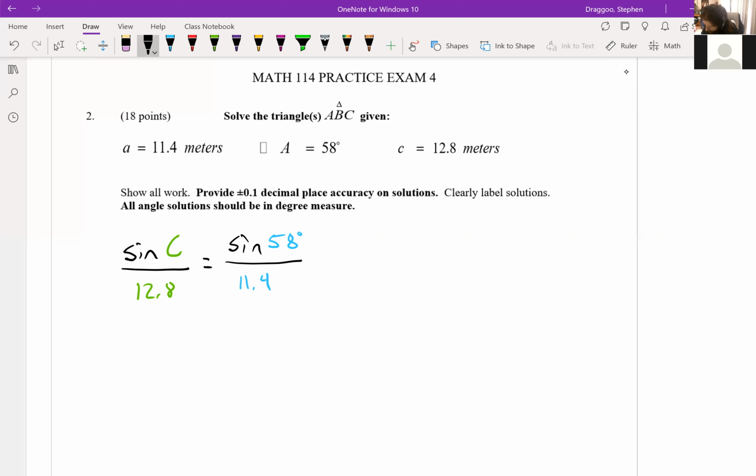Then this will give us that sine of C is equal to 12.8 divided by 11.4 times the sine of 58 degrees.